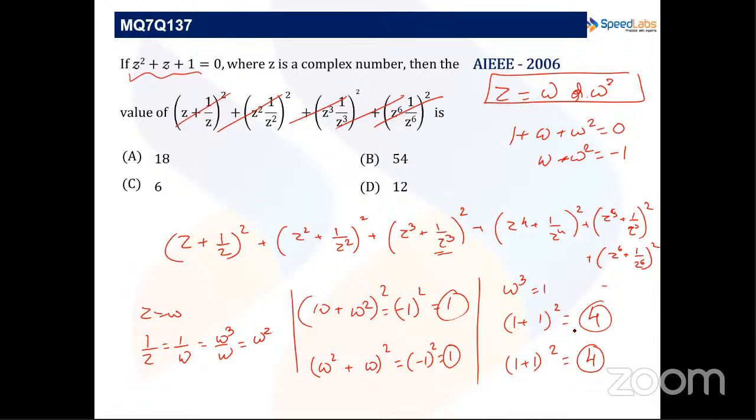Now we are having this value 1, this value was also 1, and this value was 2 square, that is 4, and this value we are getting is the omega to the power 4, that is 2, oh sorry 1, and this is 1, and this is again 4. So what we are having, answer is D, answer is 12. Clear?